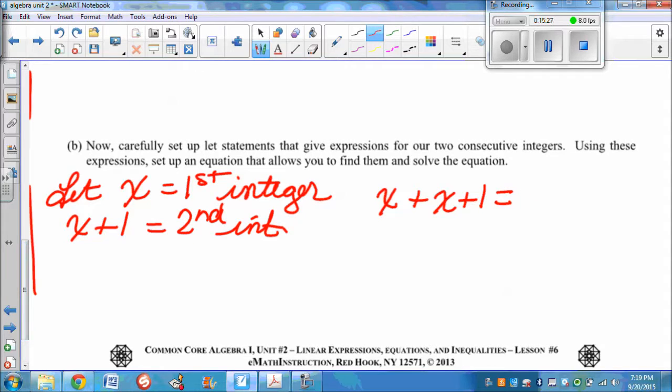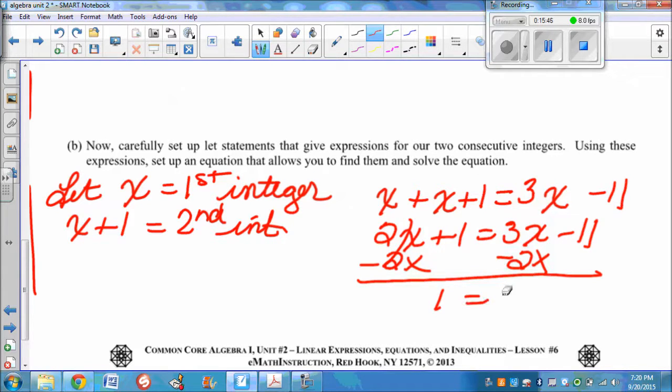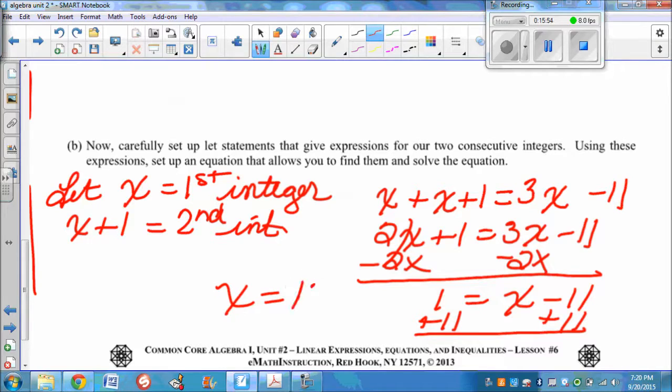The smaller integer, 3 times the smaller integer, 11 less. Combining like terms. Now we've got a two-step equation. We just need to solve for x. So 1 equals x minus 11. We're going to add 11, and we end up with x equals 12.